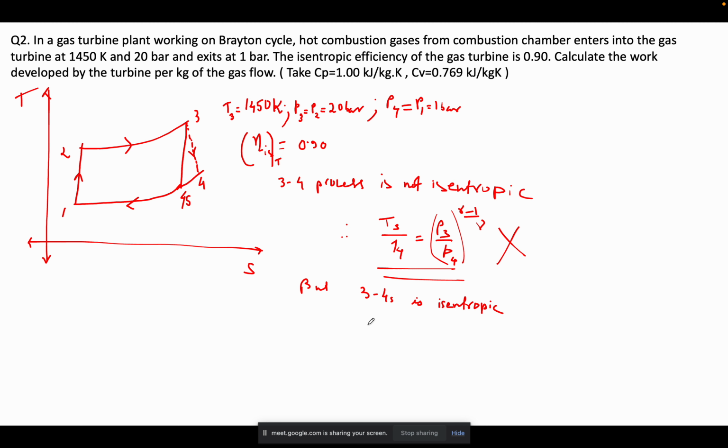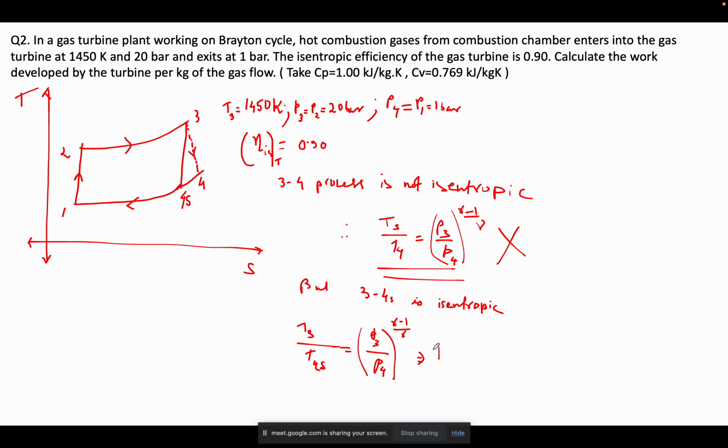So T3 by T4s is equal to P3 by P4 to the power gamma minus 1 divided by gamma.